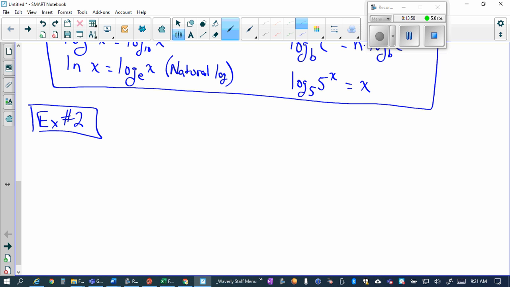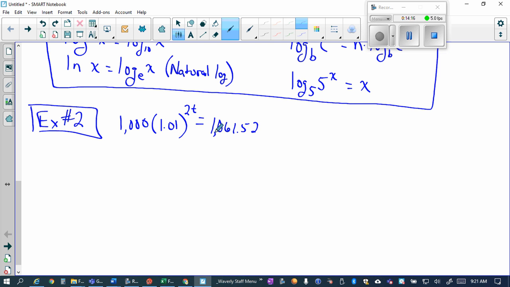Hope that doesn't bother you. 1,000 times 1.01 to the 2t equals 106.152. And they want us to solve this for t in terms of logarithms.